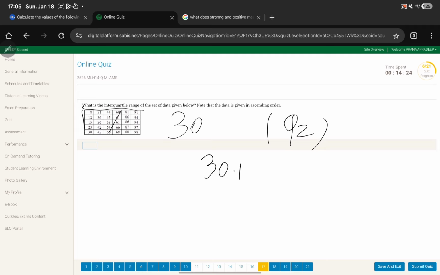So the formula for this is 30 plus 31 divided by 2. Wait. Oh, no. You take the half of this, alright? You get 15. And then you add 16. And then you divide by 2.